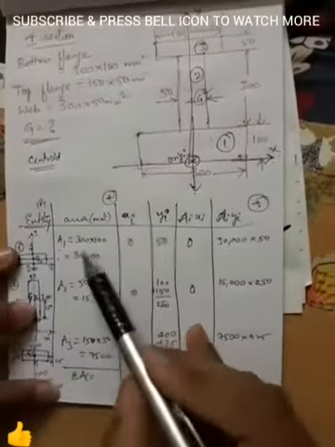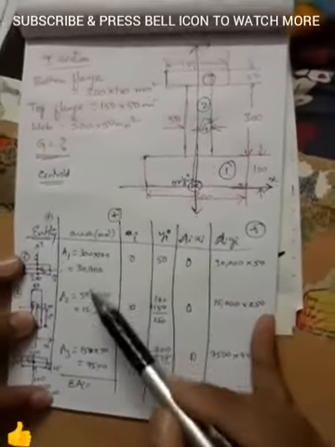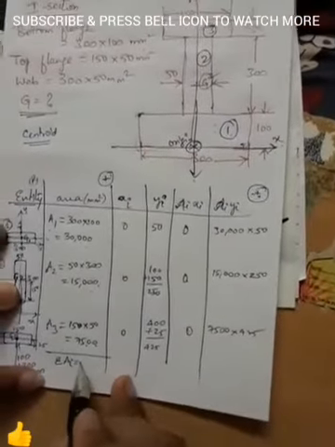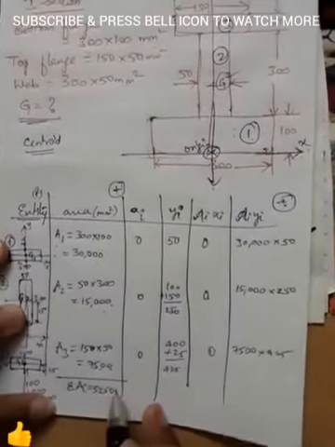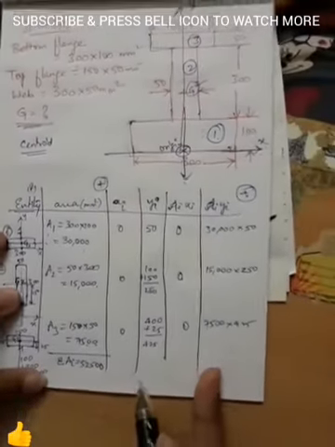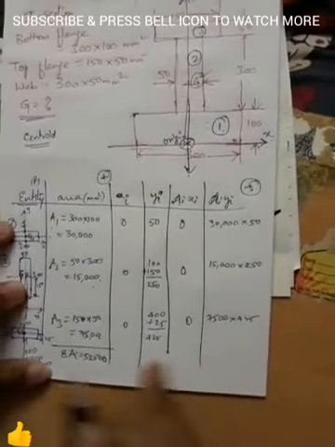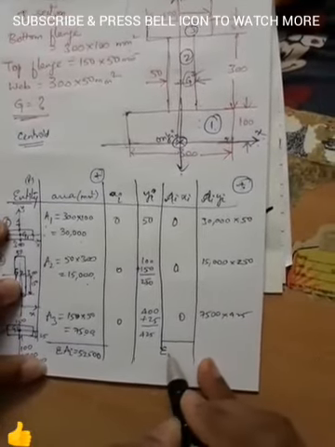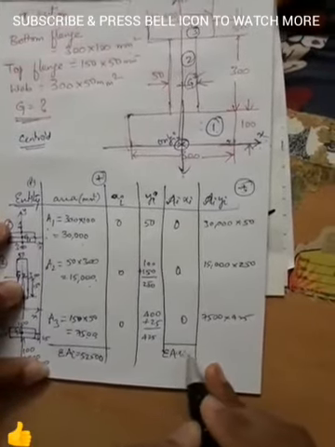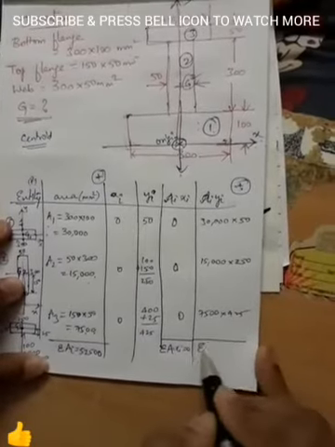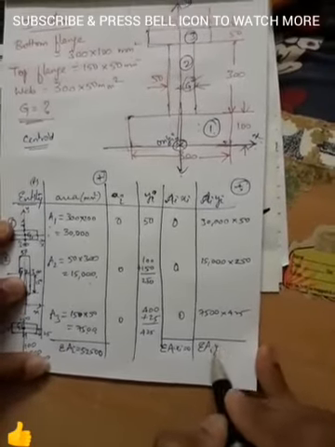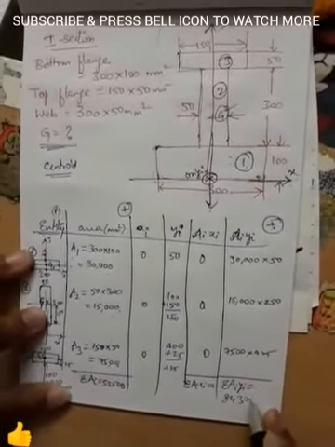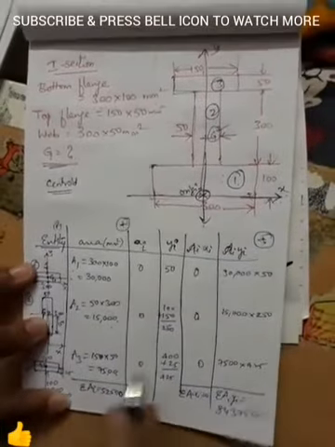Now we know that we need to find the area of the entire object. Area of the entire object is the summation of these three: 30,000 plus 15,000 plus 7,500 will be 52,500. Now you don't need to find this because it is anyway 0. And we have to find this also, the summation of A y, which has come out to be this particular value.